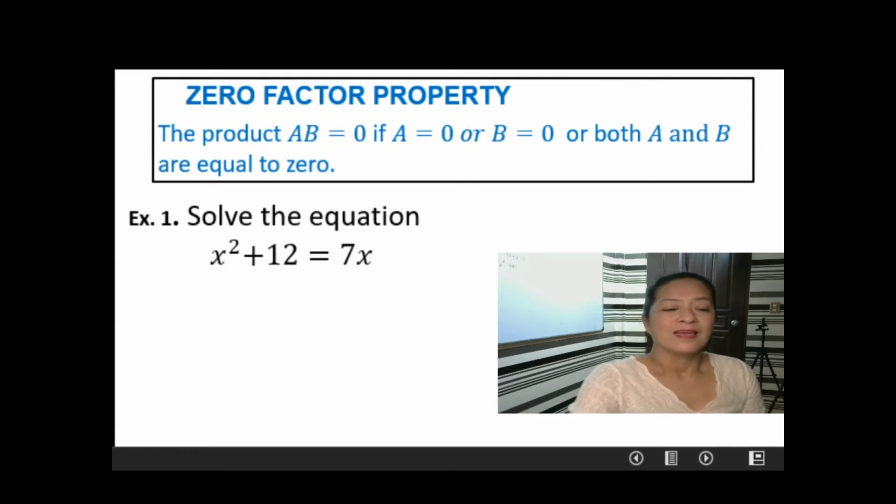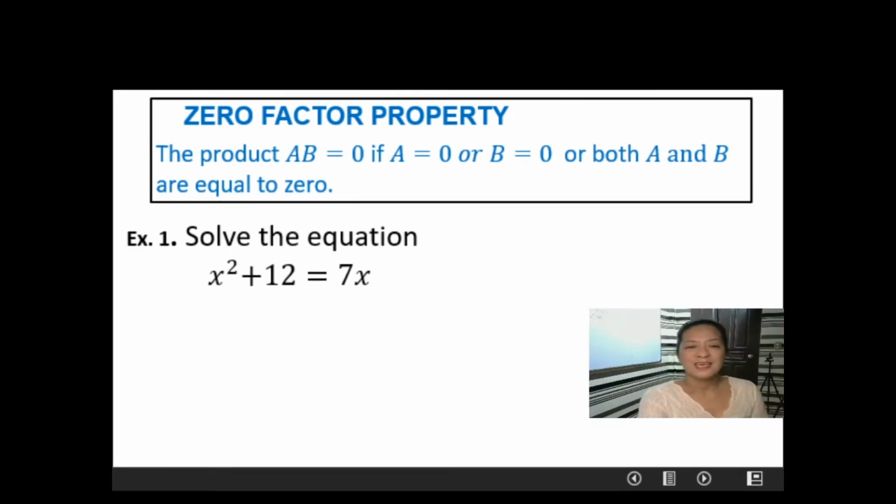Now, the principle involved in solving quadratic equations by factoring rests on the following property of real numbers. Ito yung tinatawag na zero factor property. Ano yung sabi sa zero factor property?